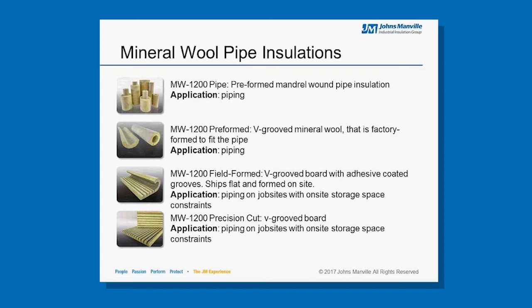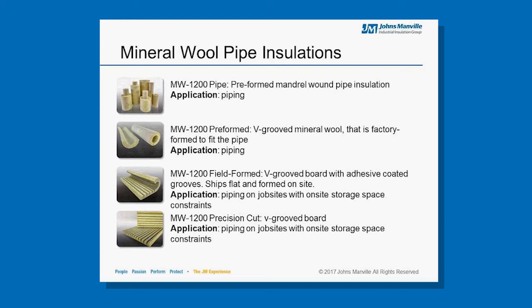The remaining three are a kerfed, V-grooved, precision cut V-grooved fabricated product out of board. The first two products here, Min Wool 1200 pipe insulation and Min Wool 1200 preformed pipe insulation, are both factory formed, which means that when they arrive at the job site or in a distributor's warehouse, they're already formed to fit a specific pipe size.